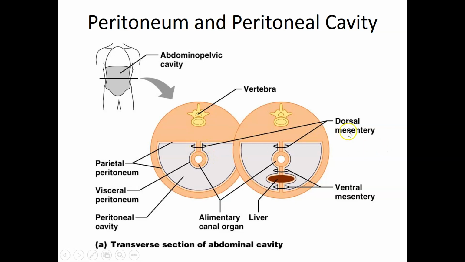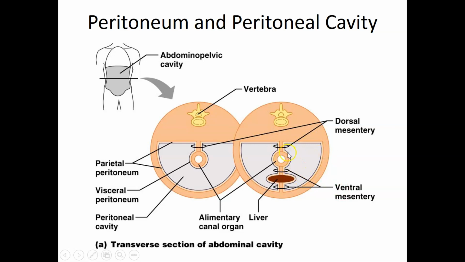That's the mesentery. The mesentery can attach to the dorsal body wall. That's called the dorsal mesentery, or it can attach to the ventral body wall, called a ventral mesentery. In some cases, there are organs that are connected and anchored in series.